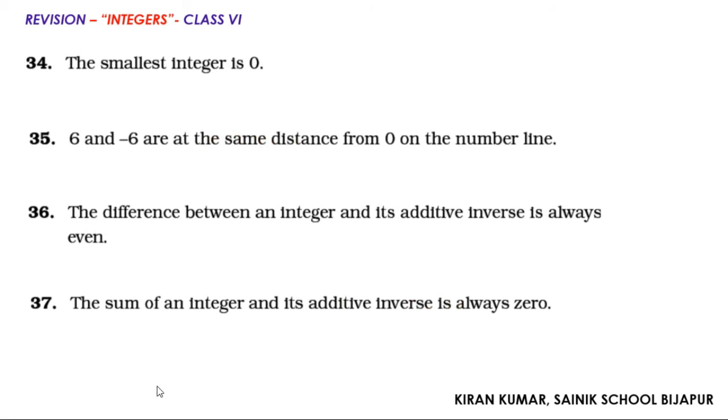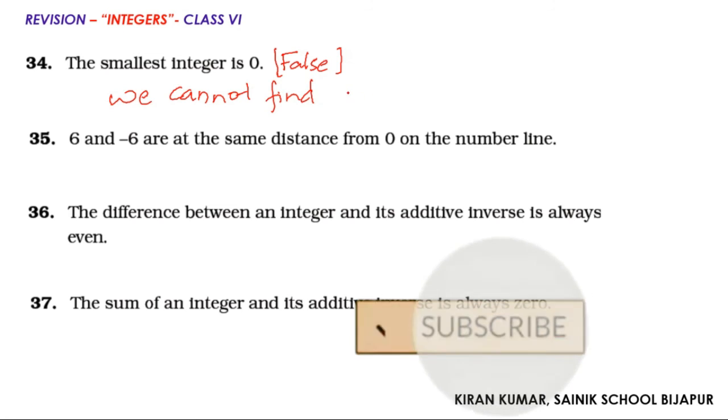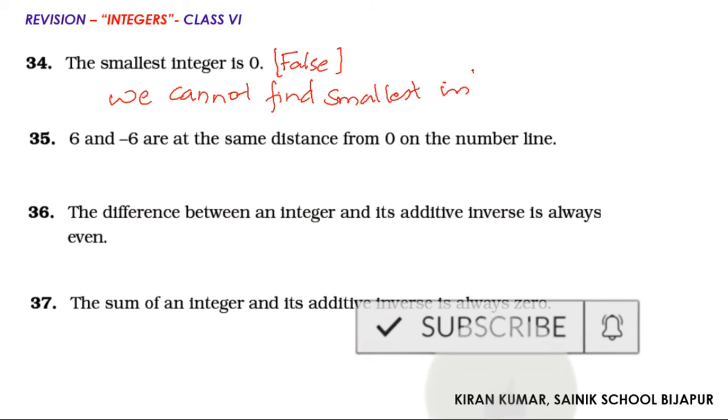Statement number 34. The smallest integer is 0. This statement is false because all negative integers are smaller than 0 and we cannot find the smallest integer.